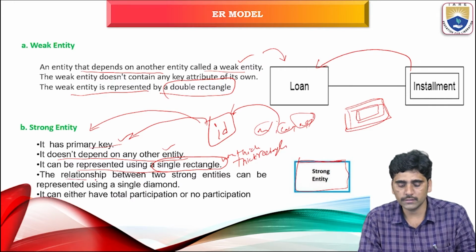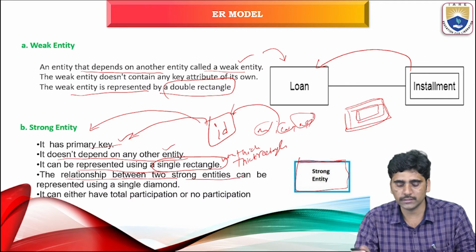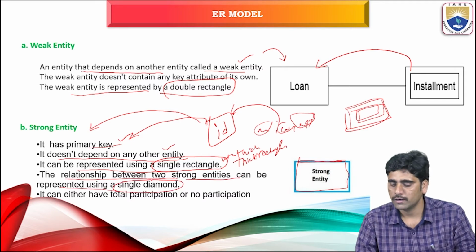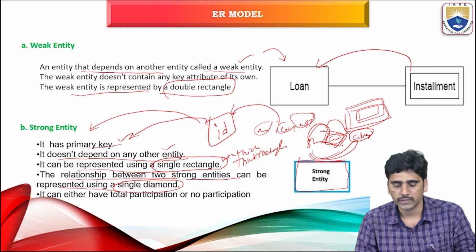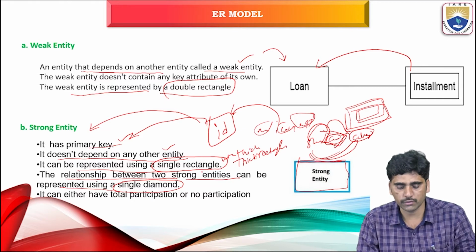The relationship between two strong entities can be represented using a single diamond. Suppose student and college. The student comes to the college, and this representation is nothing but a relationship between two entities, student and college.